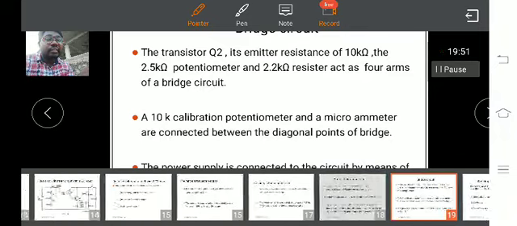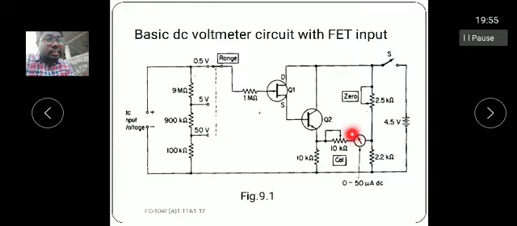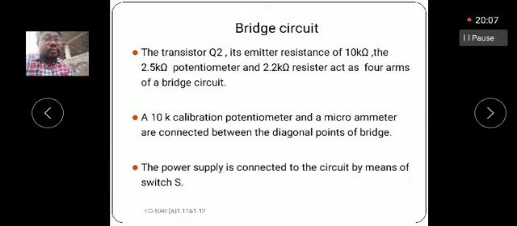Here for the calibration we are using the 10 kilo ohms potentiometer, and here we have connected the ammeter with a range of 0 to 50 microamps DC. The 10 kilo ohms calibration potentiometer and microammeter are connected between the diagonal points of the bridge.